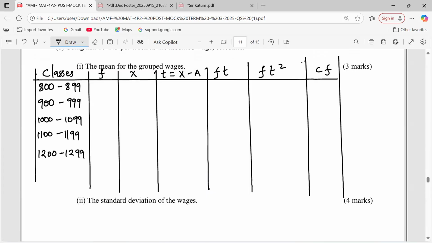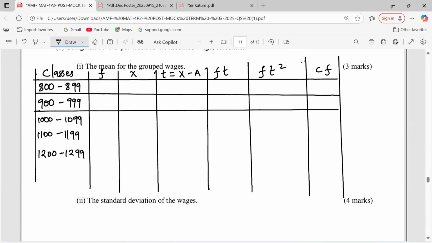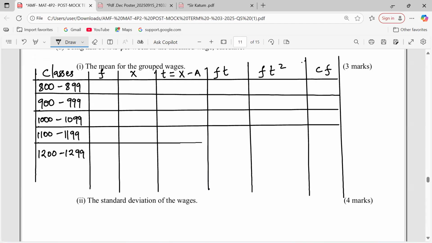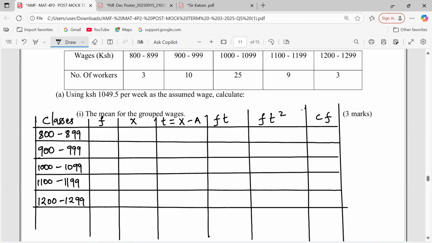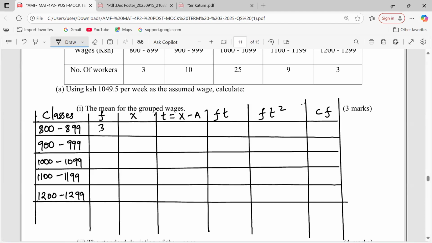It would be better if I draw a straight line across here so that every class is well distinct. To distinguish all the classes, it's good we draw these proper lines. Now we have all the classes properly distributed. 3, 10, 25, 9, 3. That's how the workers have been distributed.